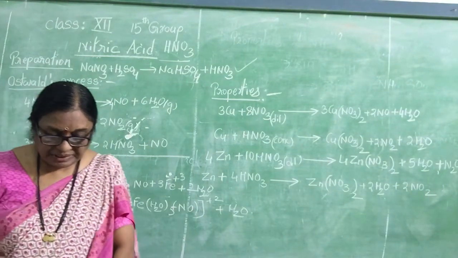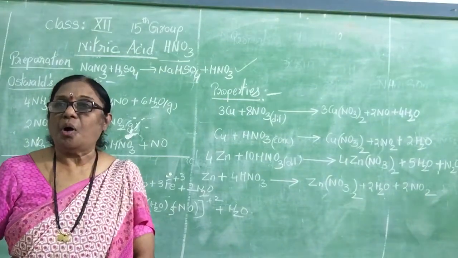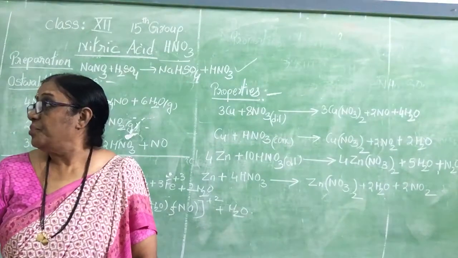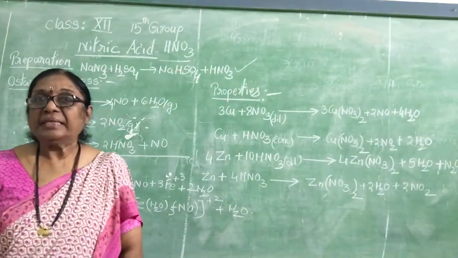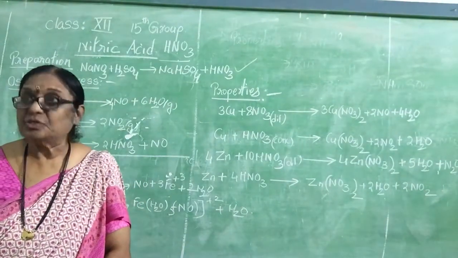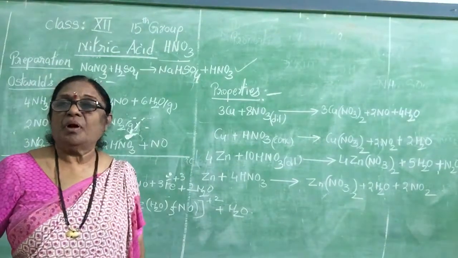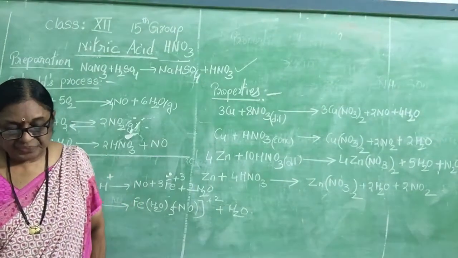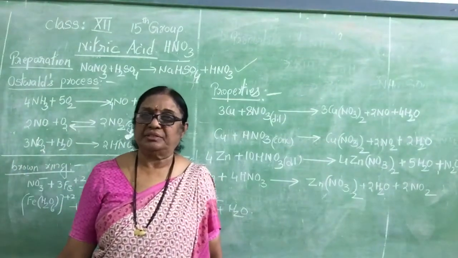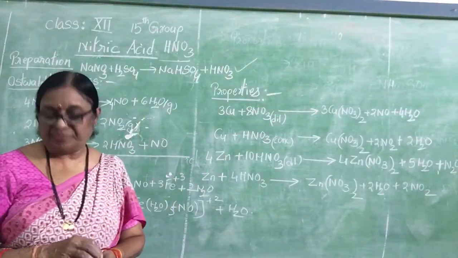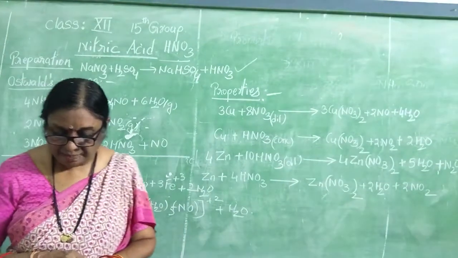Concentrated nitric acid is a strong oxidizing agent and attacks most metals except noble metals such as gold and platinum.